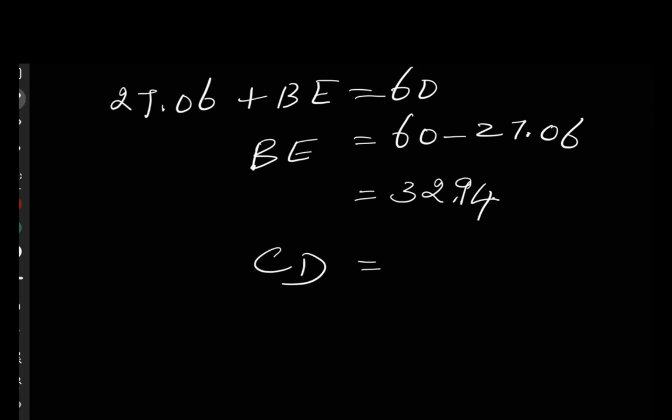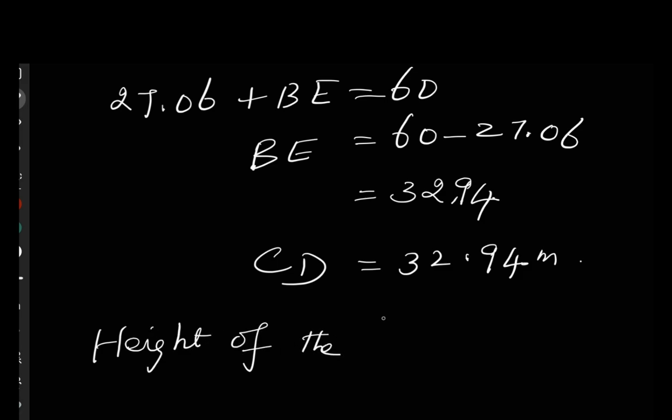CD is 32.94 meter. What is CD? Height of the lamp post. Height of the lamp post is equal to 32.94 meter. Thank you.